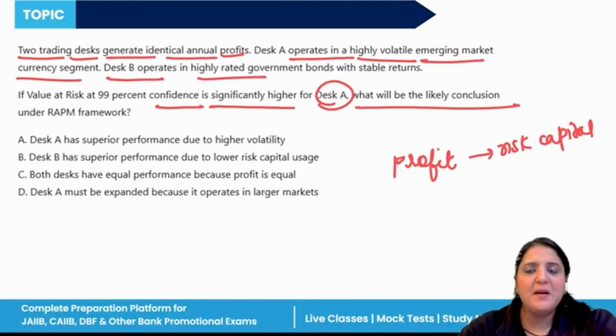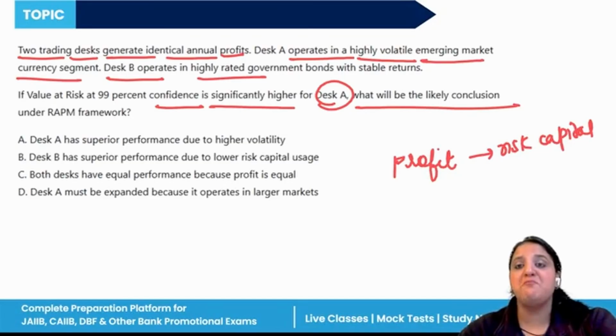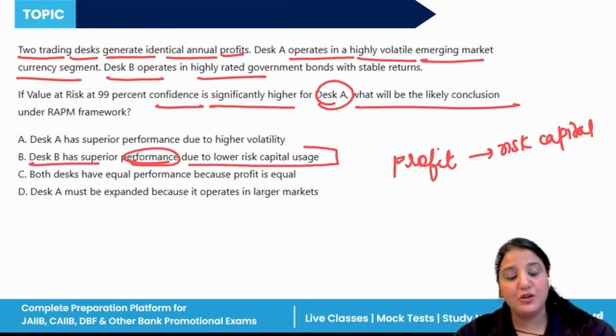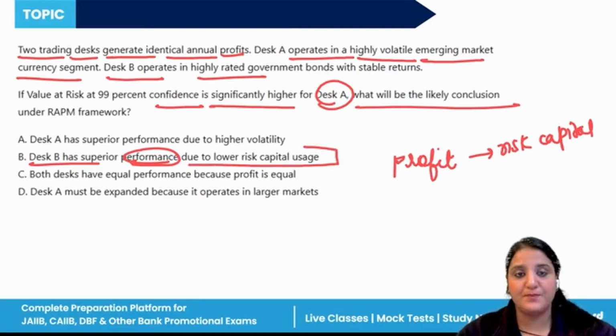Same profit but lower capital means better risk adjusted performance. So desk B performs better here, with superior performance due to lower risk capital usage. So option B is correct here.